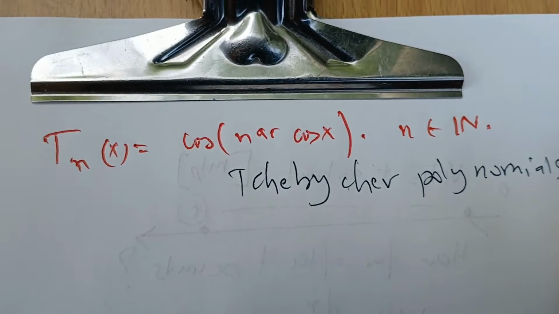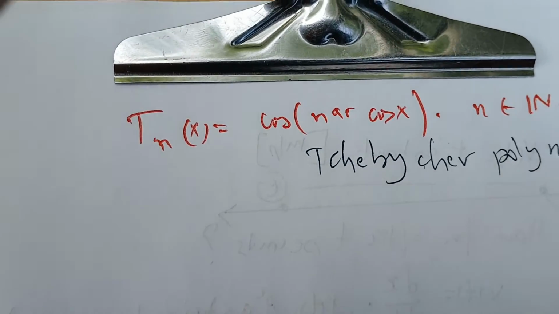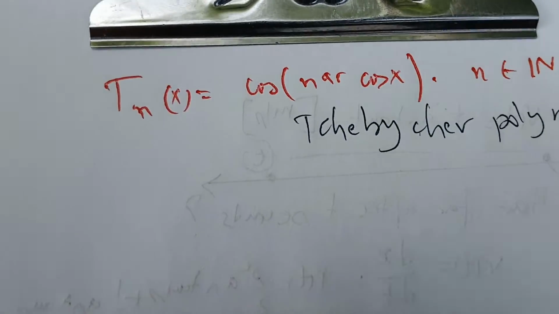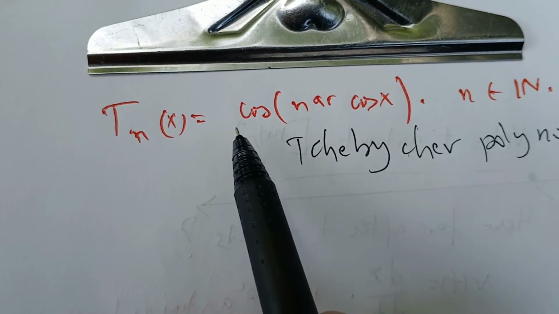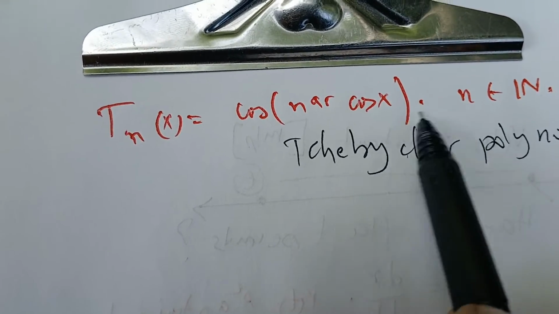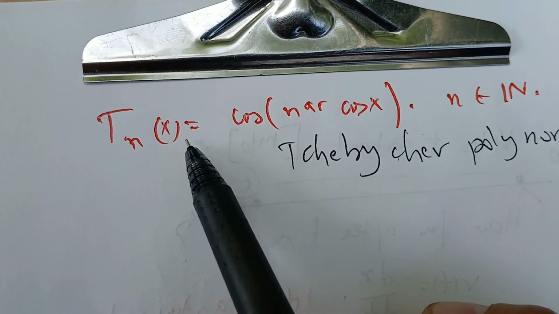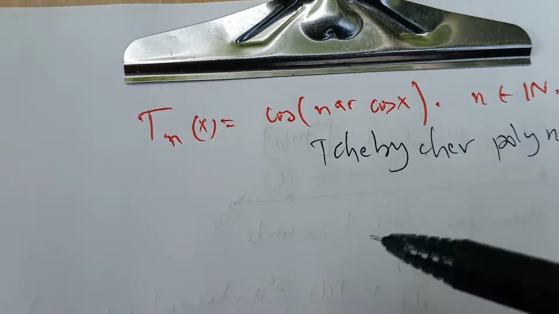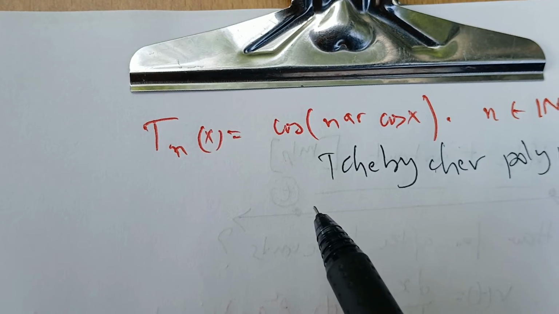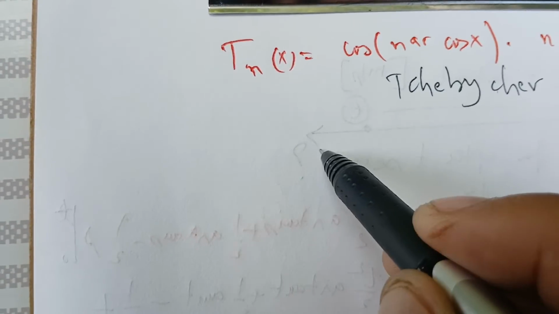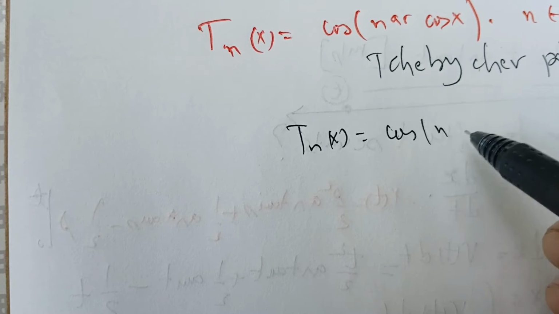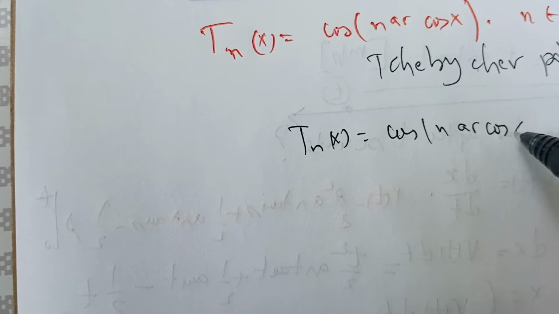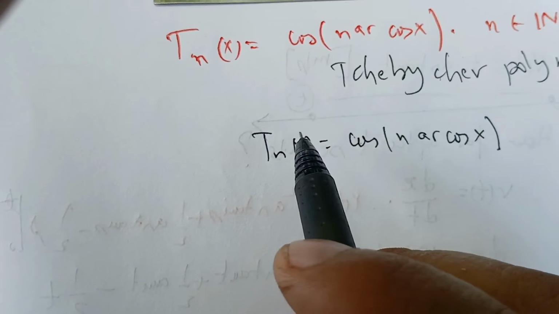It depends on the pronunciation, but the most important thing is that these polynomials, and we're going to see why they are polynomials, are defined by the cosine of n arc cosine of x. So Tn of x is the cosine of n times arc cosine of x.